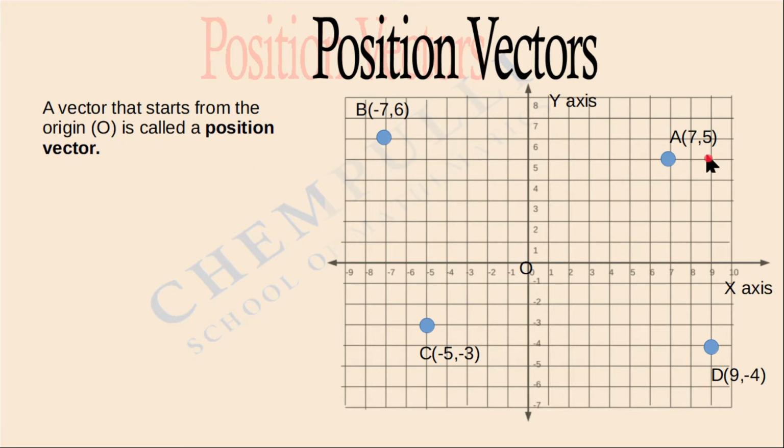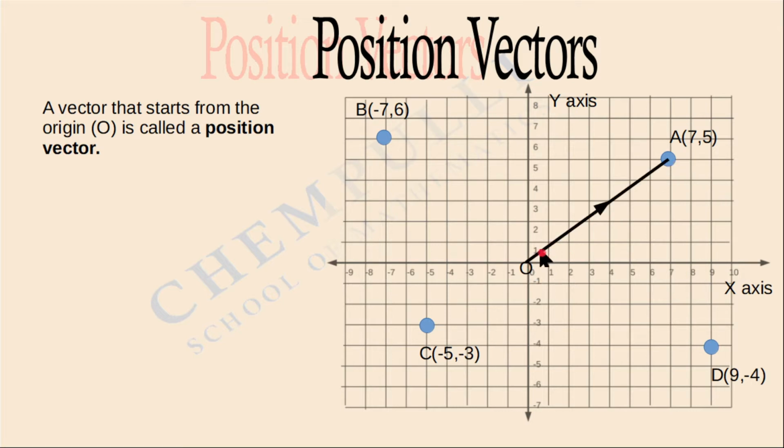Then this point A. What is the position vector of the point A? That vector starts from the origin and goes to the point A. That means we can draw it like this.